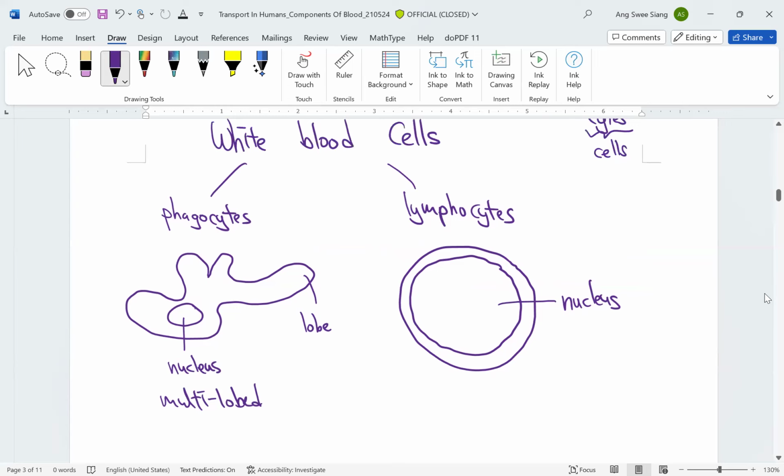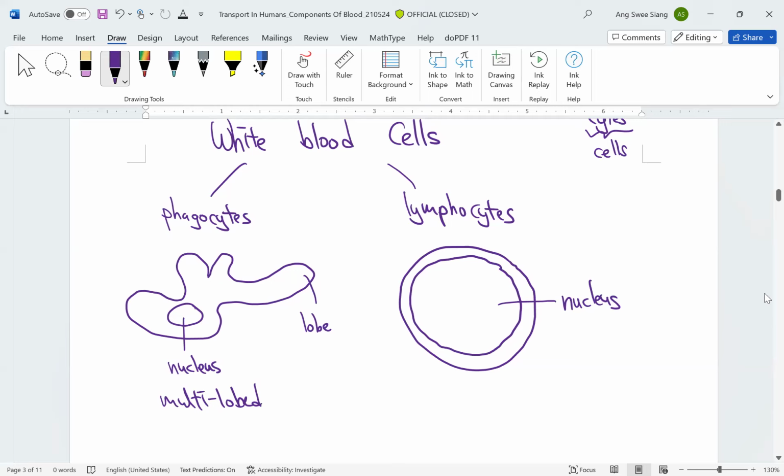Anyone want to make a guess? What is the difference in their function? Antibiotic, no, good attempt, but not antibiotic. Antibiotic is produced by fungi. We don't produce antibiotic, but there is a similar word, another type of protein that is found in the body.